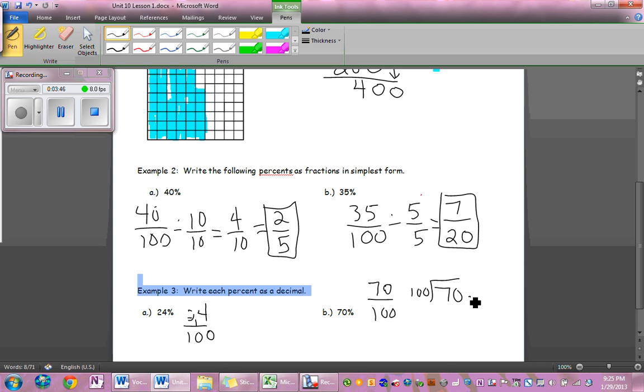I'd add a decimal point and a 0, bring my decimal point up above in my quotient, and 100 goes into 700 7 times evenly. So as a decimal, I could read that as 0.7 or 7/10, or you can add a 0, that would be 70 hundredths.